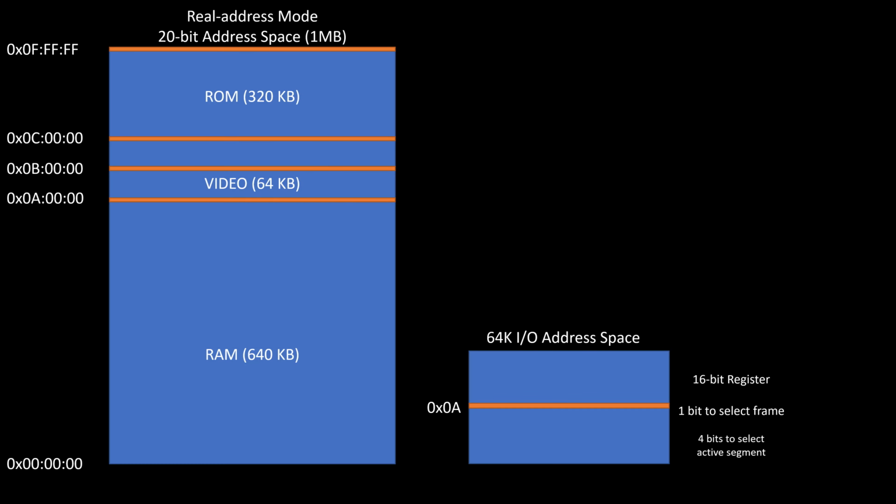And if I talk about the memory space for a minute, here is something that I've shown before, which is my 1 megabyte address space for my 286 system. So I start with 640K for the RAM. I have the ROM up top, 320K available there.